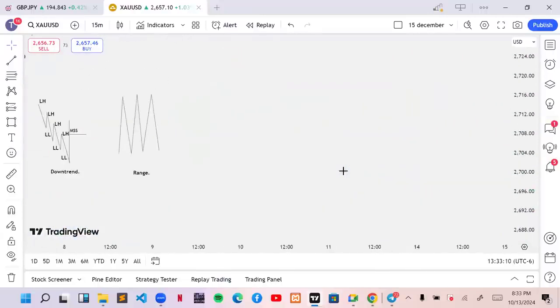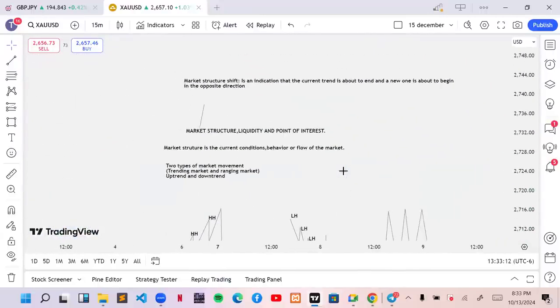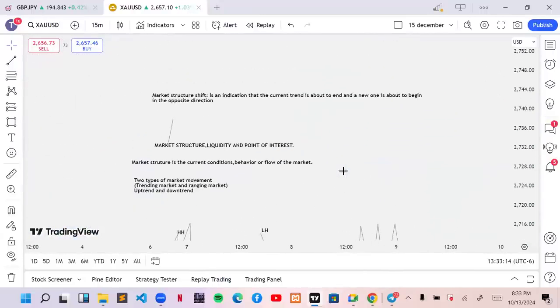Now, another thing I pay attention to in the structure part of this strategy is break of structure. There are two: I said market structure shift and then break of structure. Market structure shift is an indication that the current trend is about to end and a new one is about to begin in the opposite direction, so you're taking a trade in the opposite direction.